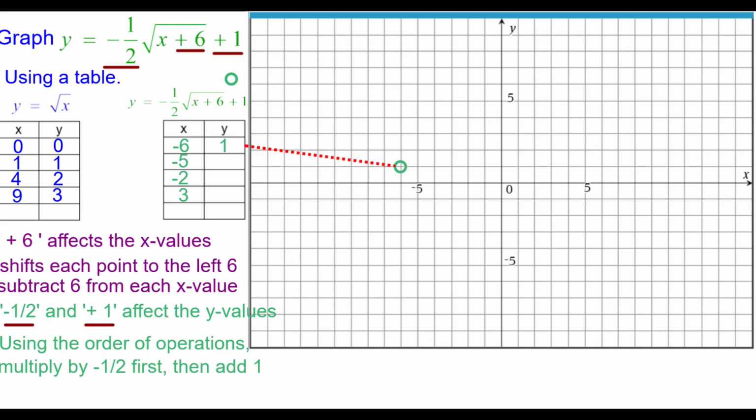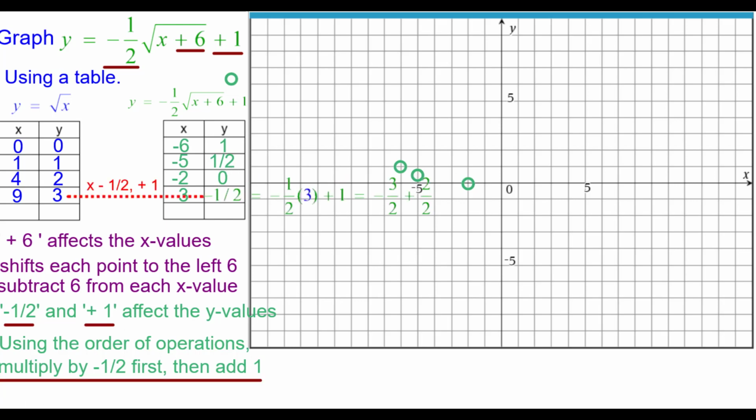Plotting negative 6, comma 1 there. 1 times negative 1/2 is negative 1/2 plus 1. So we're going to think of negative 1/2 plus 2/2 gives us a positive 1/2. And so we'll plot the point negative 5, comma 1/2. 2 times negative 1/2 is negative 1, plus 1 is 0. So plot negative 2, comma 0.